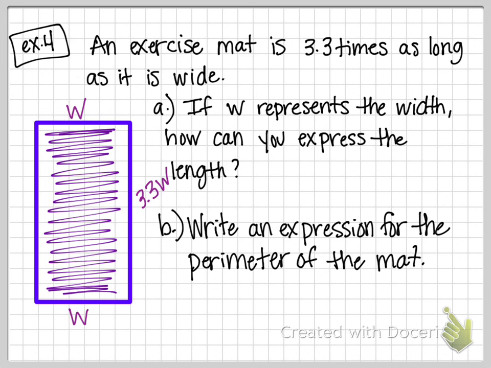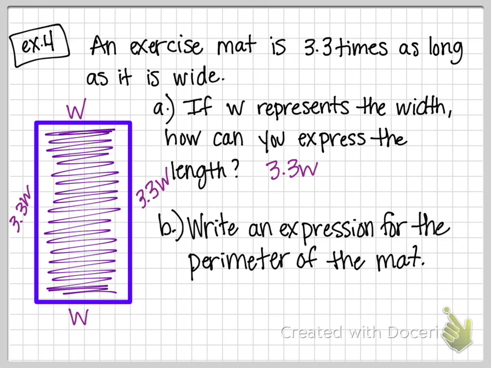We have to write one more thing on our diagram. So we're going to write an expression for the length, which we did as 3.3W. And then how would we find the perimeter, which is all the way around the outside of the mat? We're going all the way around the outside.